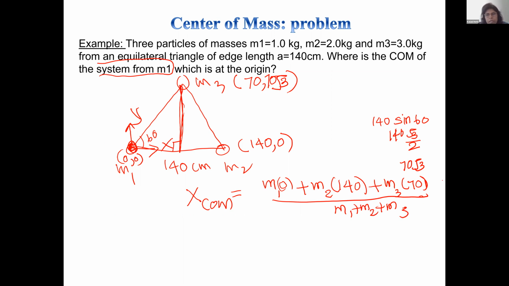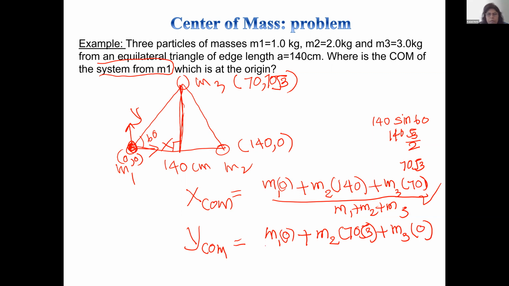Then you have all the numbers, and you plug them in. You're going to do exactly the same thing for Y center of mass. That will be M1 times its Y coordinate, plus M2 times its Y coordinate, which as we found is 70√3, plus M3 times its Y coordinate, which is still 0, divided by M1 plus M2 plus M3.